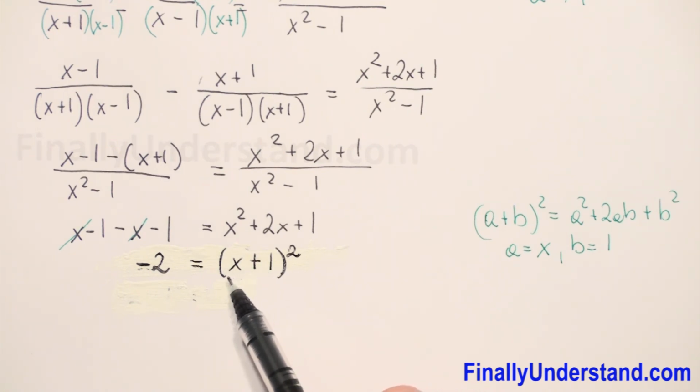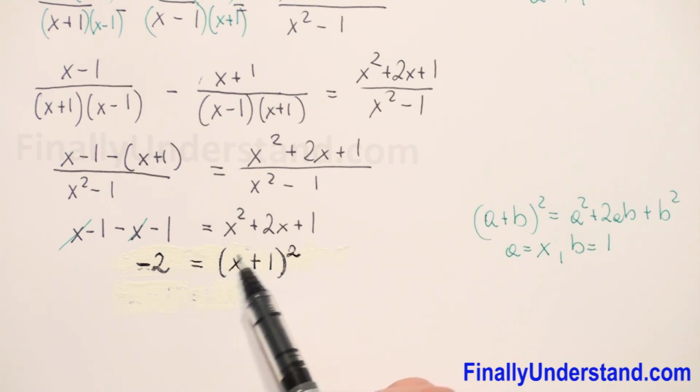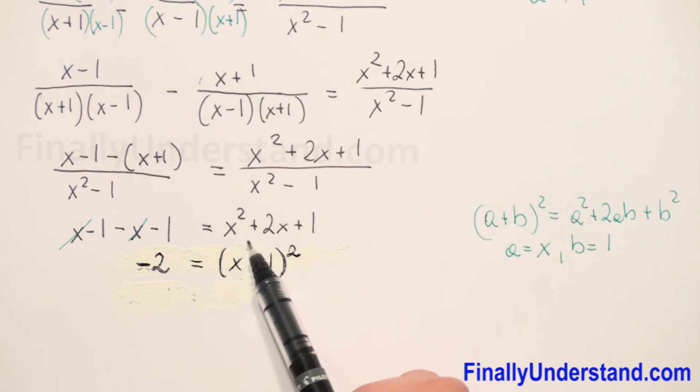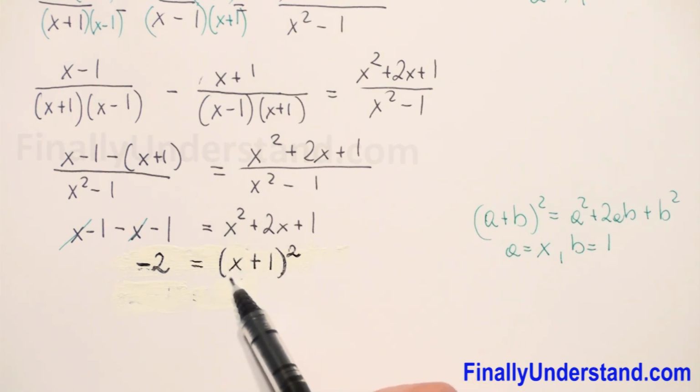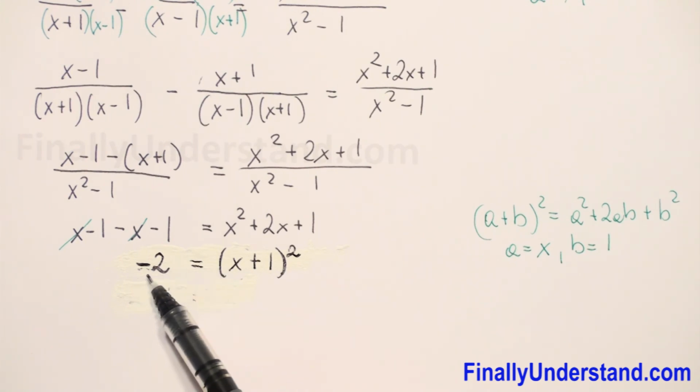For x equals negative 1, we will have negative 1 plus 1 which is 0, but for a value different than negative 1, we will always have a positive number here, and positive is not equal to negative 2.